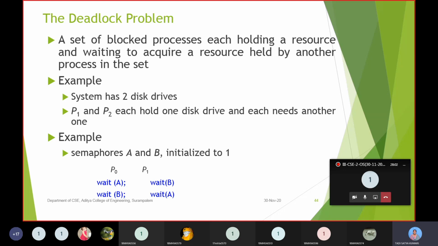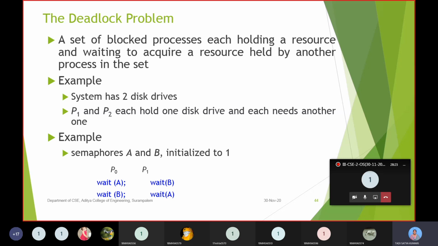So deadlock is defined as a set of blocked processes, each holding a resource. Every process has a resource and is waiting to get one more resource, but this resource is already allocated to some other process in the same set.